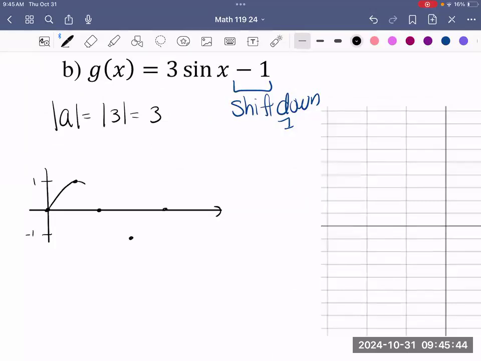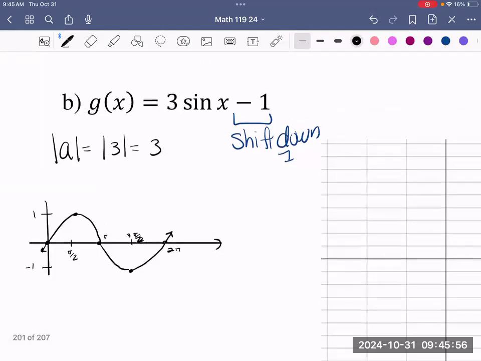So if this is what your sine used to be like, well, we're going to now make each of these heights of your waves 3, and then shift each of these down by 1. So down 1, down 1, down 1, down 1, down 1.